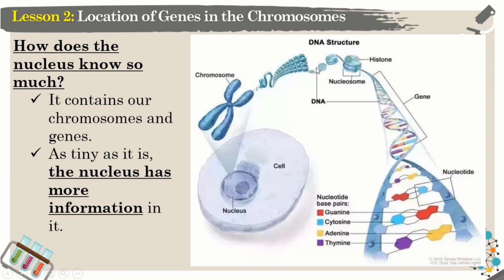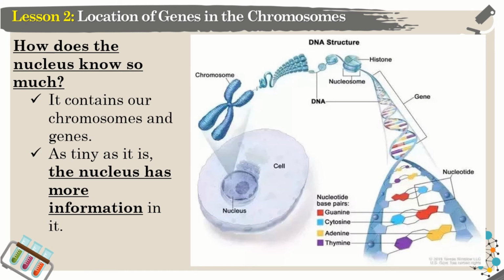When we enlarge this part of the chromosome, you can see here in this double helix strand the genes. These are the codes, just like what I have given you a while ago. So these are the genes or the codes that would be coded.